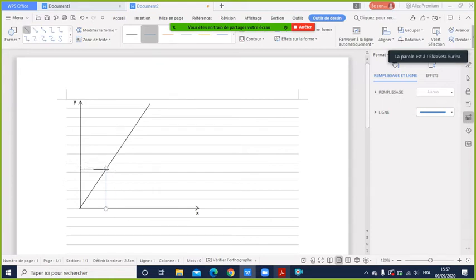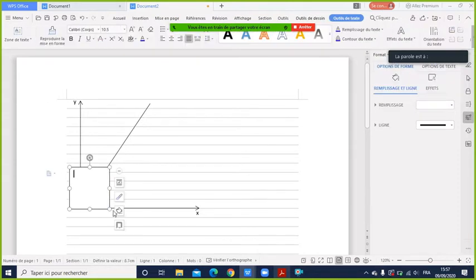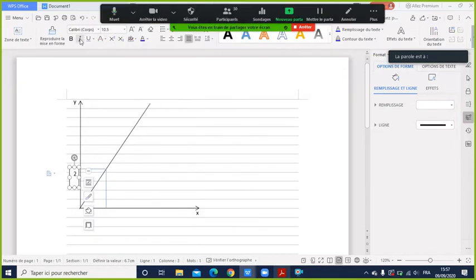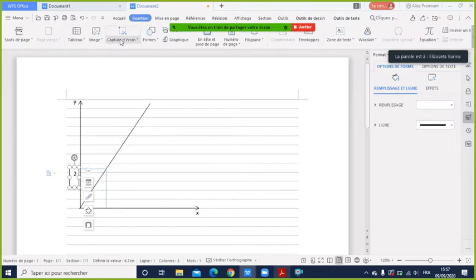I know that the scale is not correct, but you see what I mean. So here we're going to have 2, and here I'm going to have 1.